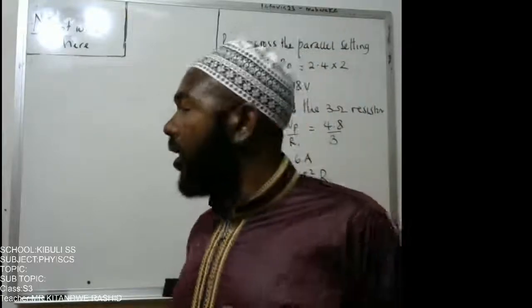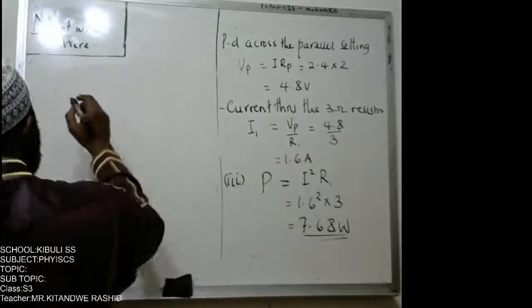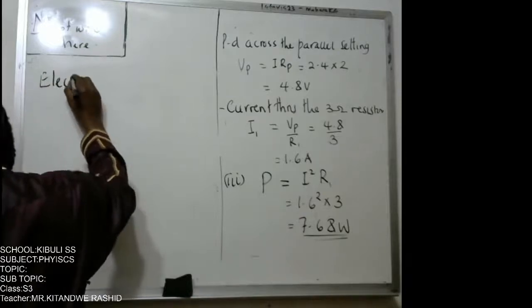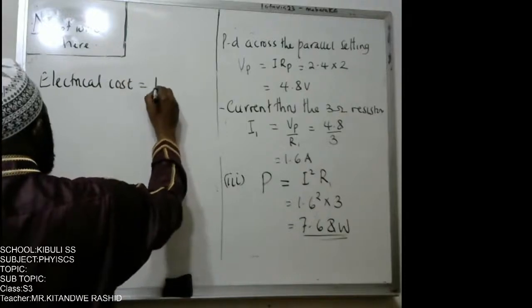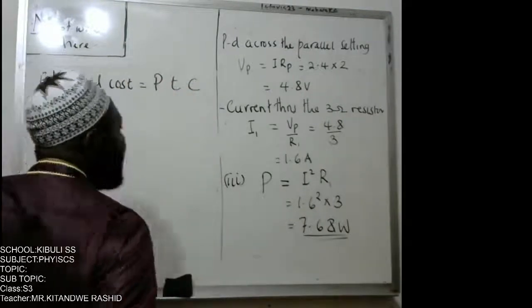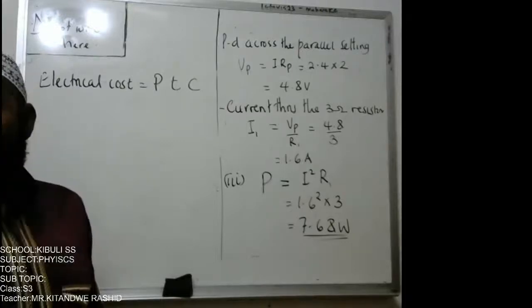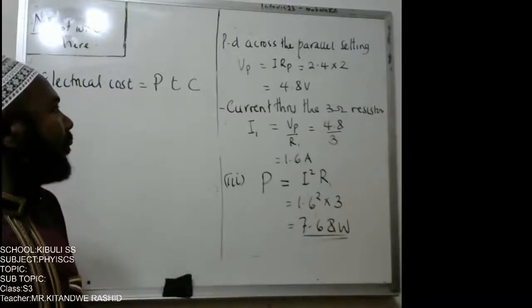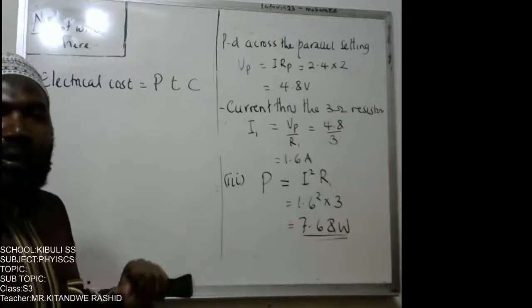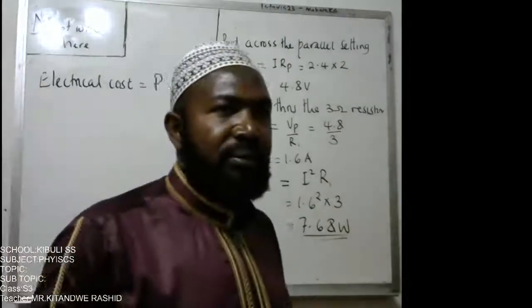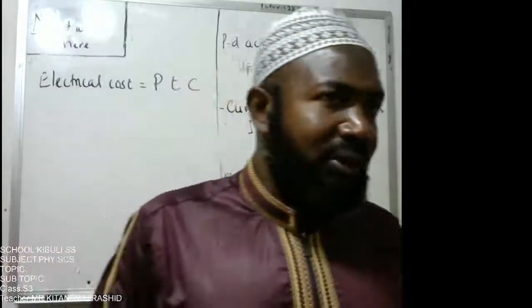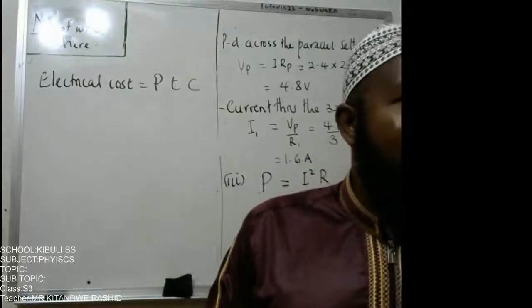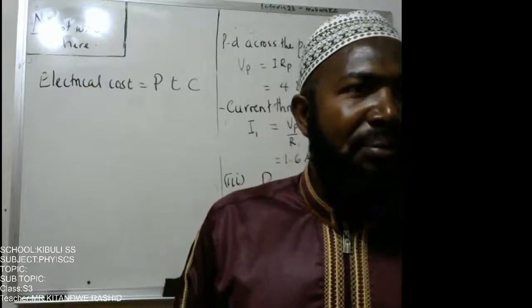To calculate electrical cost, it is equal to PTC. Do we have the power according to the question? Can we get the power? The answer is yes. Power is equal to IV.